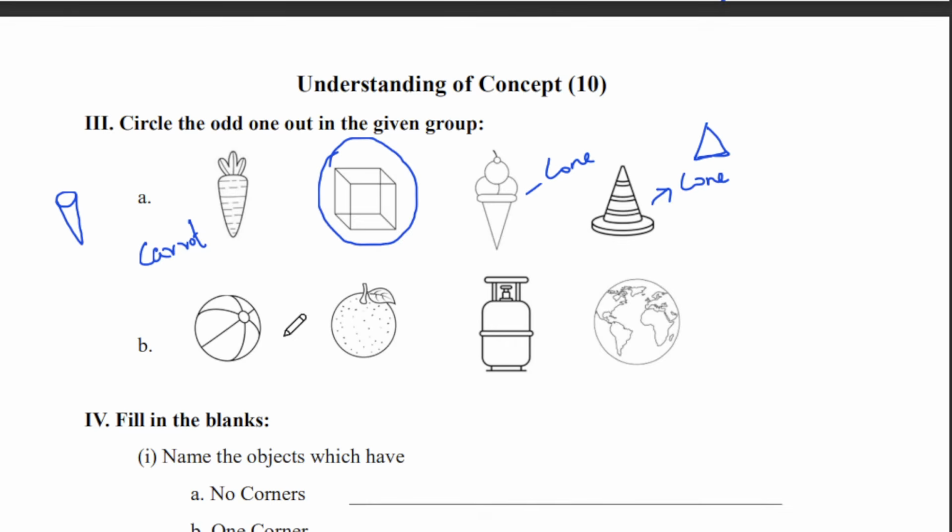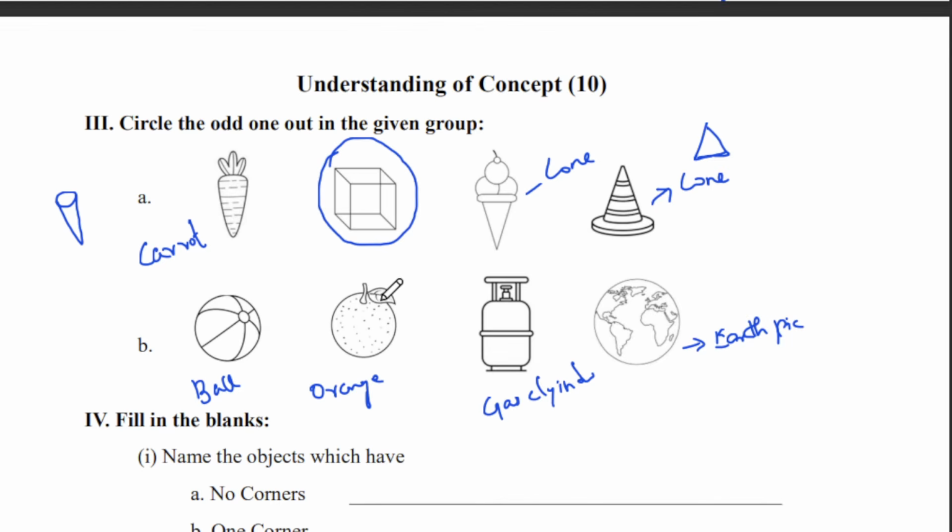Okay. Next we have a ball, and this one is orange. This one is like a gas cylinder, and this one is our earth picture. So let's see. Ball is in sphere shape.